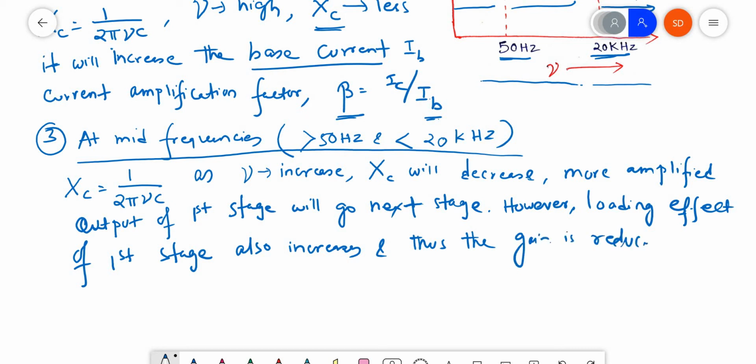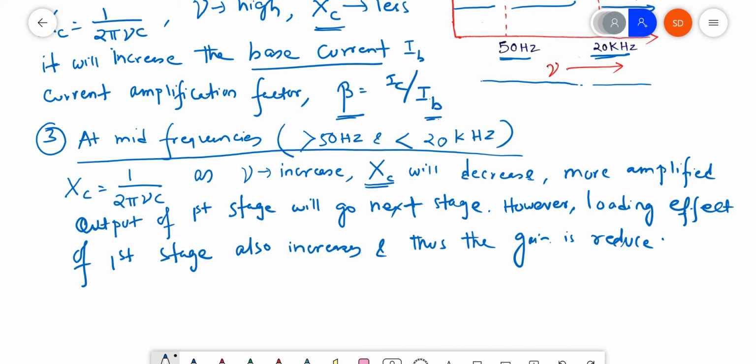I will discuss the loading effect in another video. So an increase in the voltage gain due to decrease in the reactance is cancelled by the loading effect of first stage, and it reduces the voltage gain.